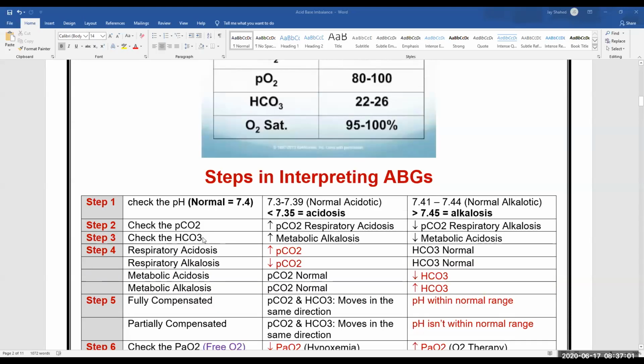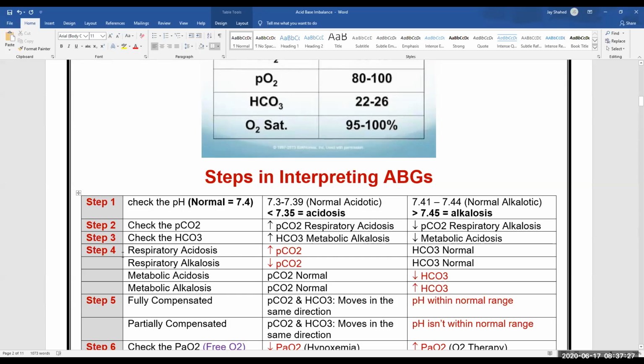Now, check the HCO3. If this HCO3 is higher, it becomes metabolic, so let's put this down here just to make sure that we are good. When it increases, we have metabolic alkalosis. When it decreases, we have what we call metabolic acidosis.